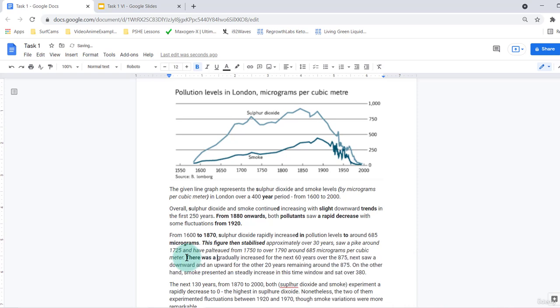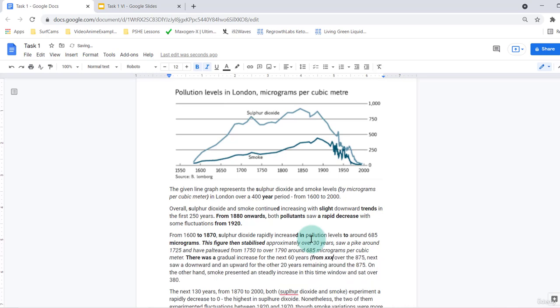There was a gradual increase over the next, there was, so we're already in the past tense, over the next 60 years. And here really the student needs to be saying where, from da-da-da to da-da-da-da, from wherever, sorry, we're in dates, right?